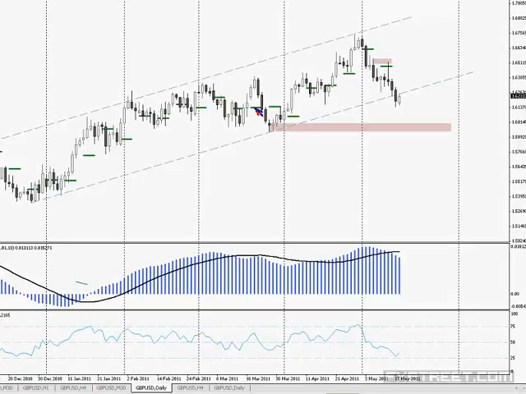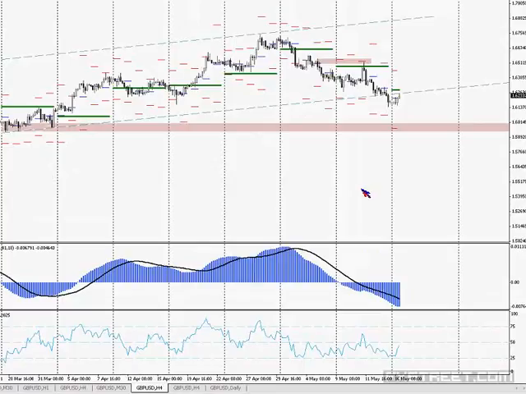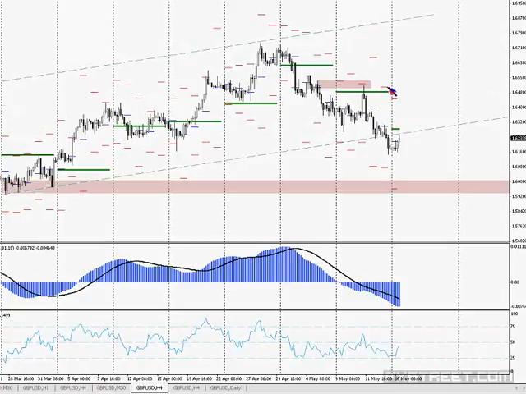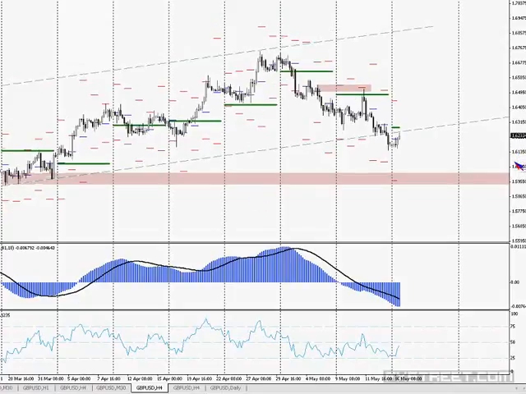The green horizontal lines here are weekly pivot points. On the daily chart it is a bit compressed, but on the 4-hour we see them more clearly. These smaller lines are daily pivot points and their respective resistance and support levels, and the green ones are the weekly pivot points, as calculated following GMT.